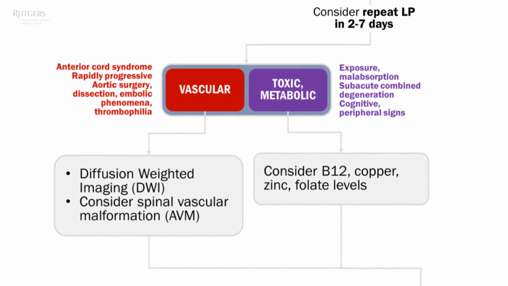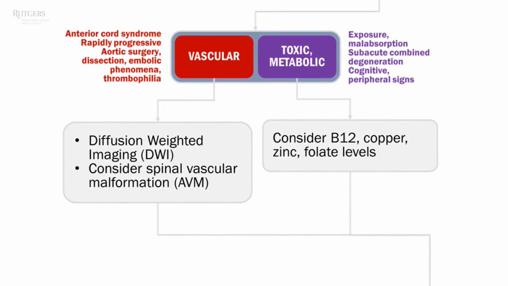So these patients need DWI-MRI, or sometimes even more invasive spinal angiograms when we're dealing with an AVM. With respect to toxic metabolic, remember, ask about exposure and malabsorption, and look for cognitive and peripheral nervous system involvement. These patients should get vitamin B12, copper, zinc, and folate levels checked.